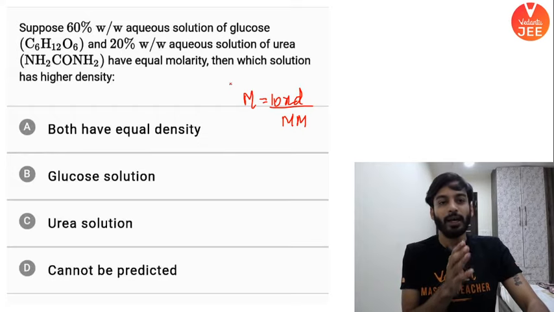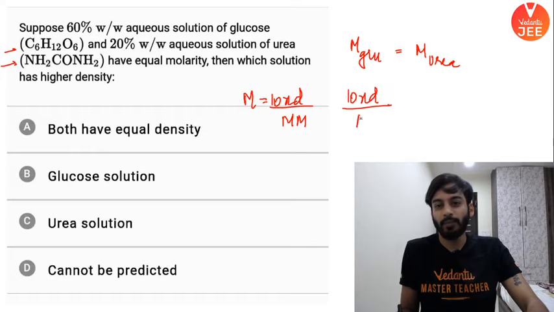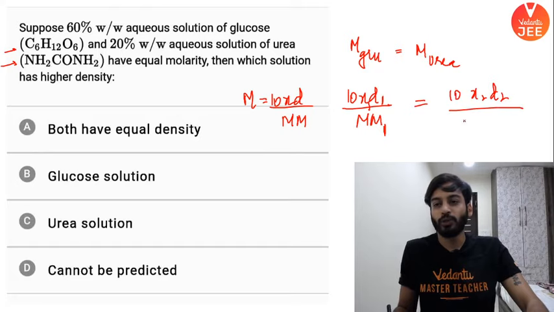They said two solutions they have given us. One is glucose, one is urea. So I am saying molarity of glucose is equal to molarity of urea. And molarity formula is 10xd by molar mass, right? Let's call it D1, let's call it X1, and let's call it M1. Here also 10xd, I'm just putting two values here.